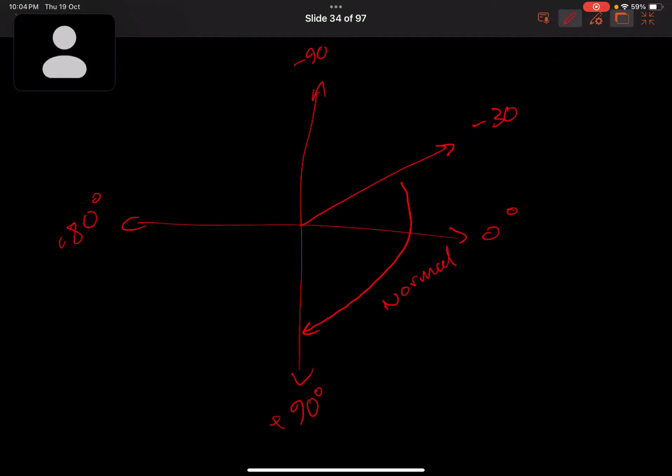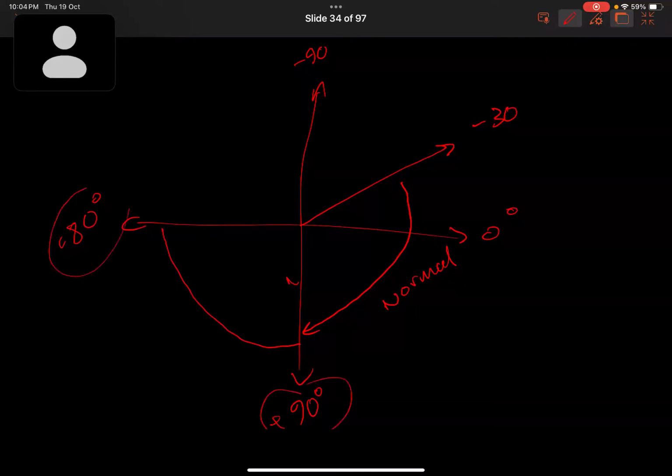And then if we move on towards the right side, anything between positive 90 and 180 is a right axis deviation, which means that the axis deviated towards the right side.